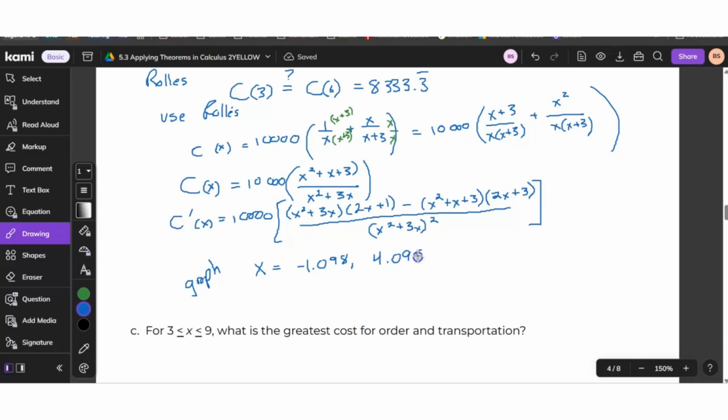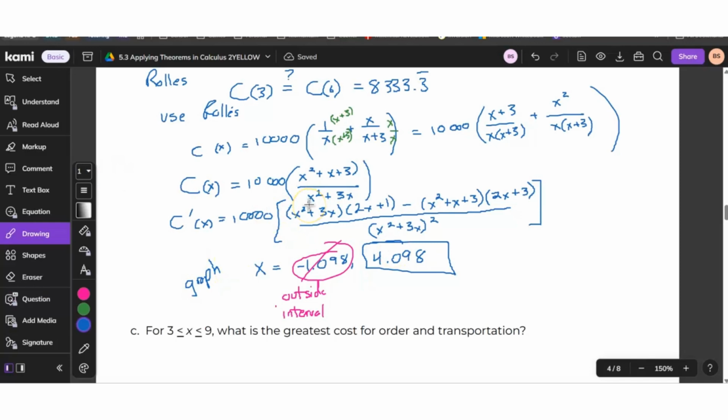C of 4.098. And then we would say outside domain or outside interval. And so our answer is just going to be this, when x equals that.